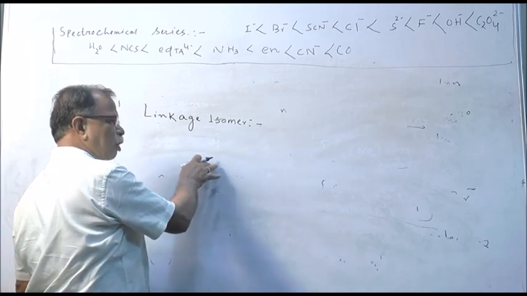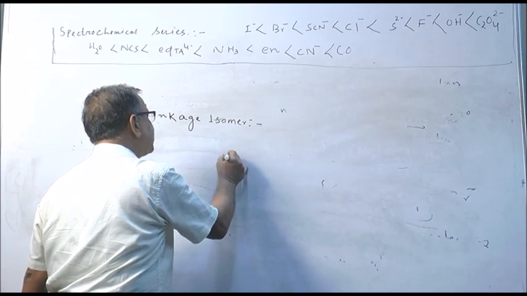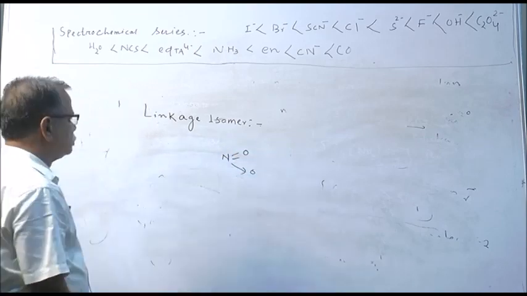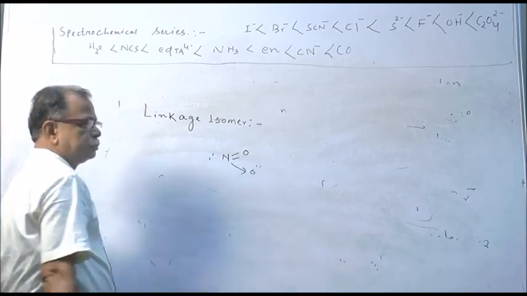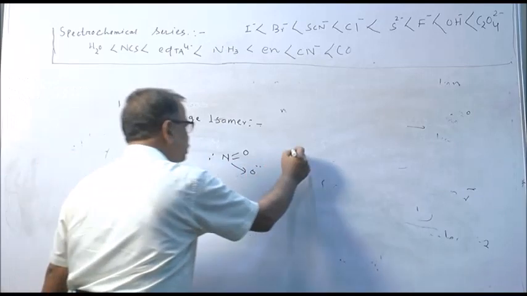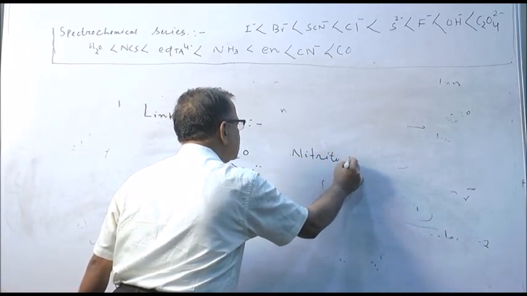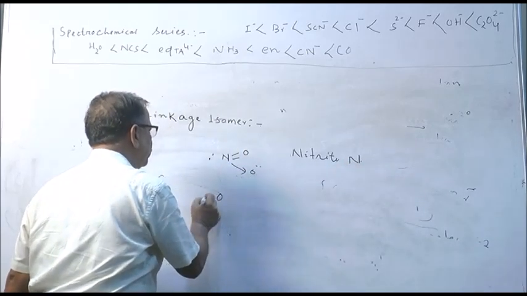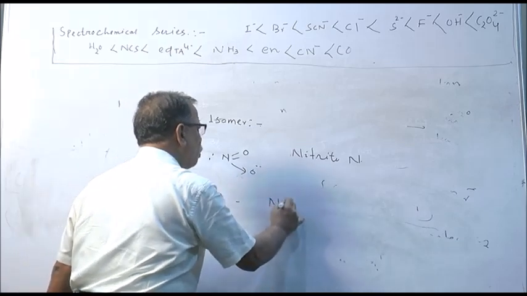In the last class I told you about ambidentate ligands. In that case, take nitrite, NO2. The linkage may be through nitrogen or through oxygen. If through nitrogen, that is nitro-N. If the linkage is through oxygen, that is nitro-O.